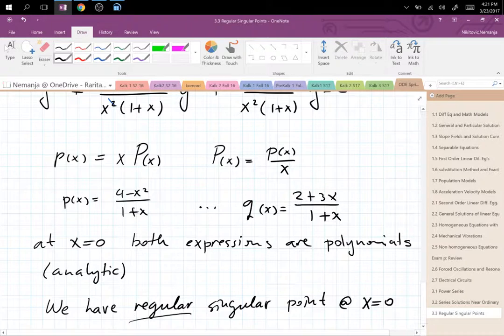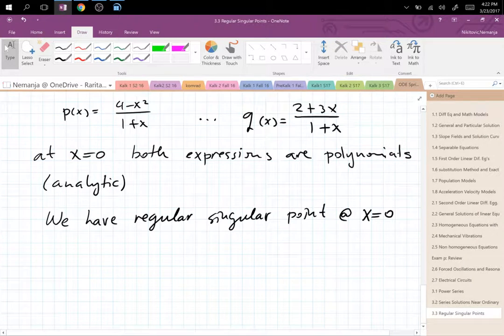And we were looking for the regular part. All right, so that's the first part of the lecture where you just learned to differentiate between regular and irregular singular points. Now we are going to use that knowledge in the method of Frobenius because this works for regular singular points.